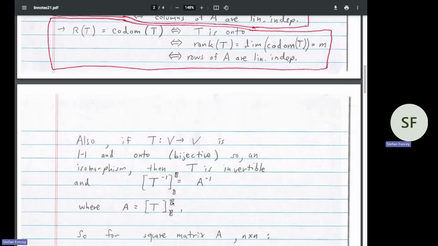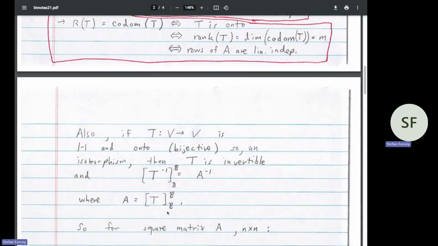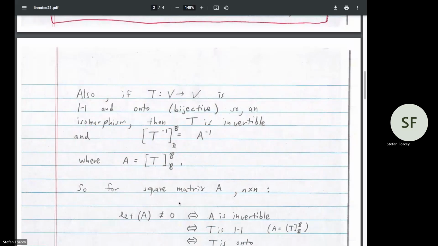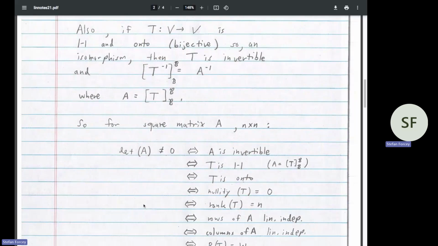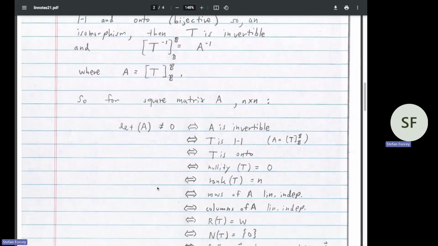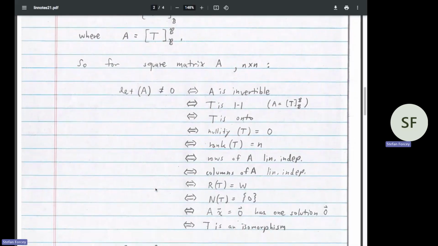And the matrix to represent T inverse is the same thing as A inverse, where A is the matrix that represents T. So for a square matrix A, that's n by n, we have a lot of stuff that's true. If the determinant of A is non-zero, then we know that A is invertible. And this is if and only if. So any one of these being true for a square matrix makes all of them true. Let's show the whole list. There, that's the list right now. So any one of these things being true makes the rest of them all true at the same time.